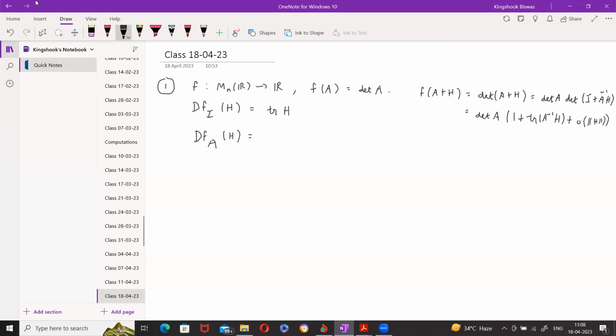And you multiply out, you get determinant A plus determinant A into trace of A inverse H. So this becomes determinant A into trace of A inverse H.